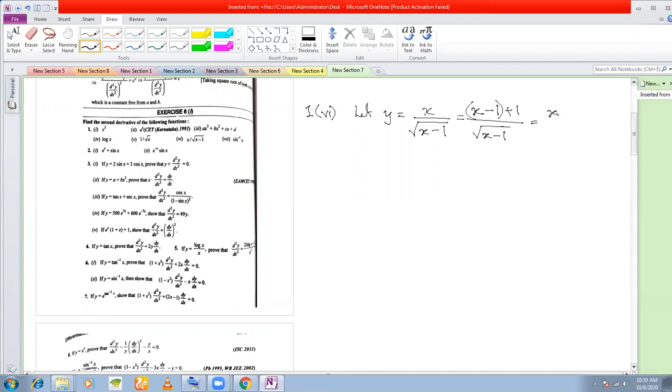Now if I separate, I'll get x minus 1 by root x minus 1, plus 1 by root x minus 1. So this is x minus 1 to the power of half plus 1 by x minus 1 to the power of half.